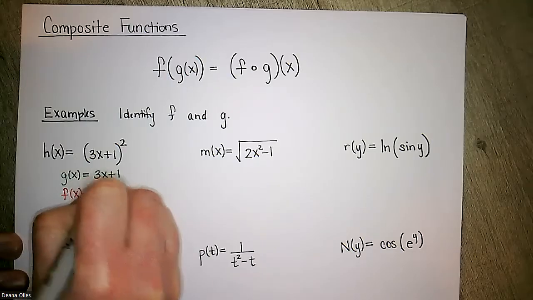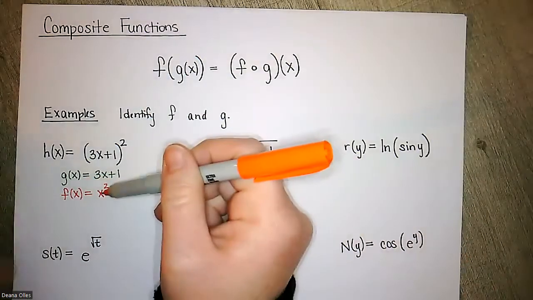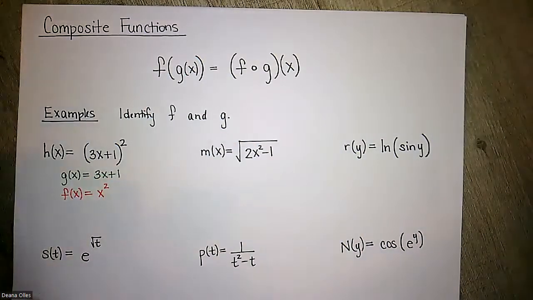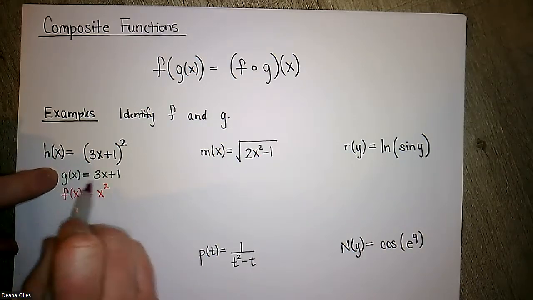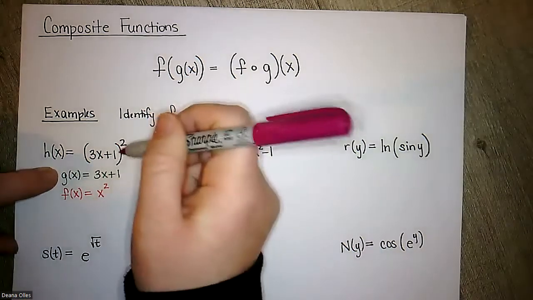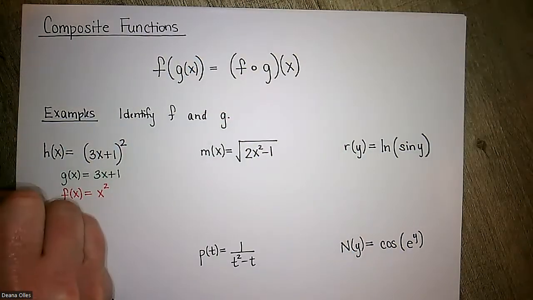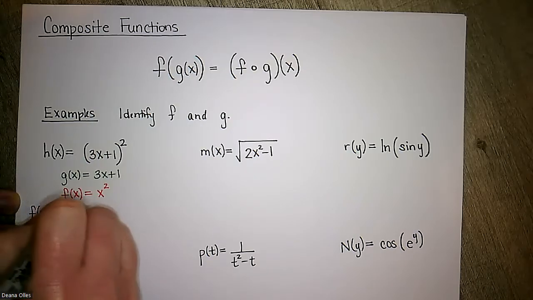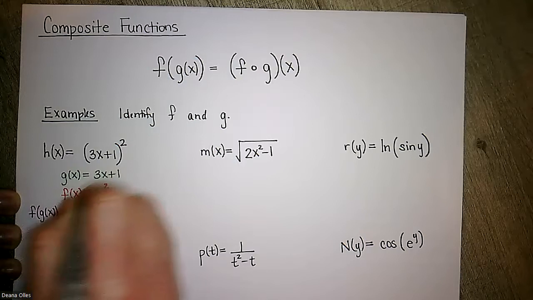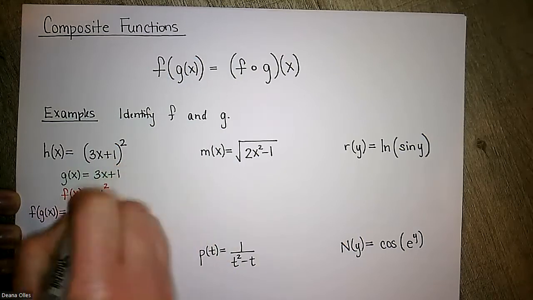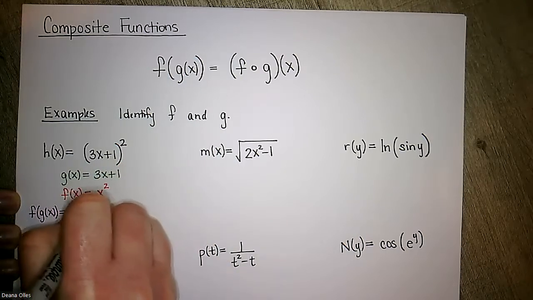The reason it's x squared is because remember what we're trying to do here is suggest that if I replace x in f of x with the whole g of x, I should get what I have here to start. Let me show you what that looks like. f of g of x means I am going to replace x in f of x with 3x plus 1, because that's what g of x is defined to be.